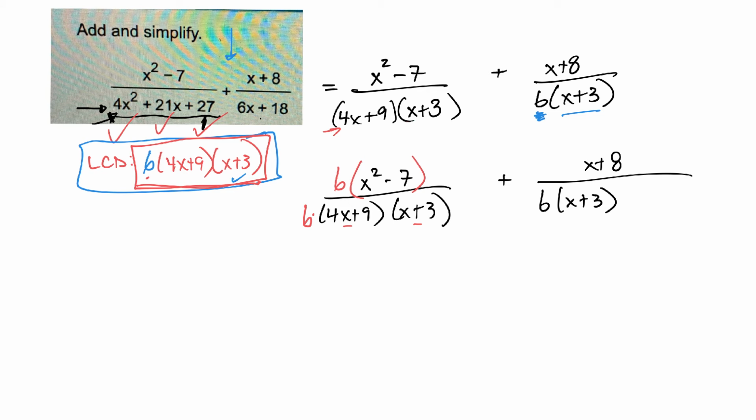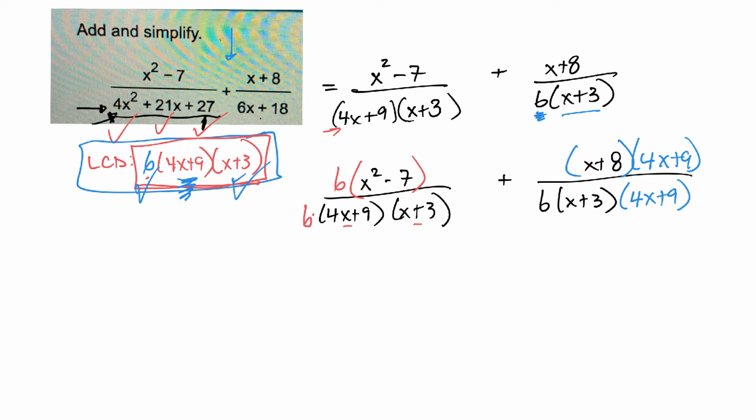All right, let's look at the next one. So this one already has a 6, check, and an x plus 3, check, but it doesn't have that 4x plus 9. So I need to include that here. And if I include it on the bottom, I need to include it on the top. And since I'm multiplying, I have to multiply by everything, so I'll just put that whole thing in brackets.